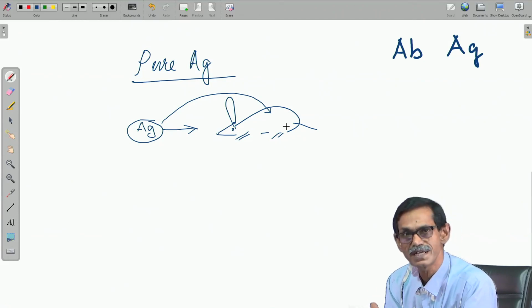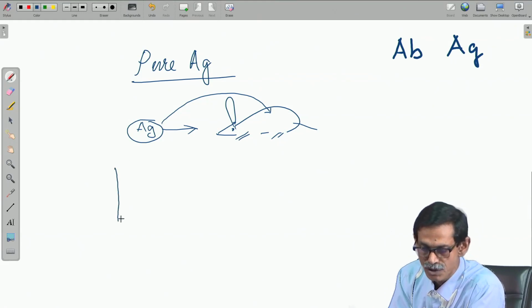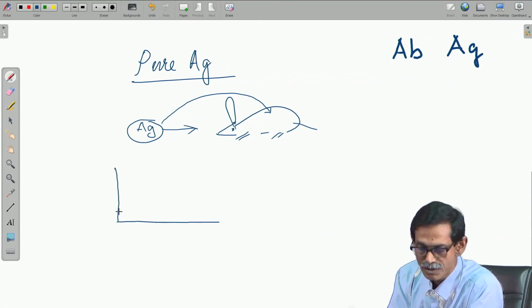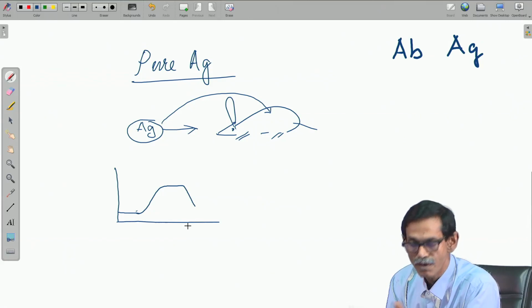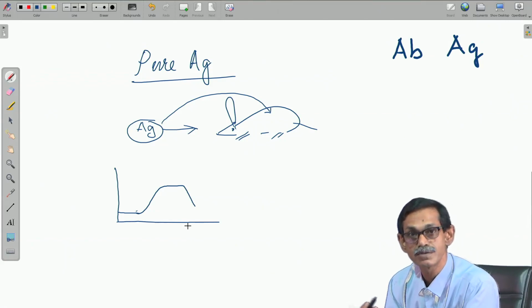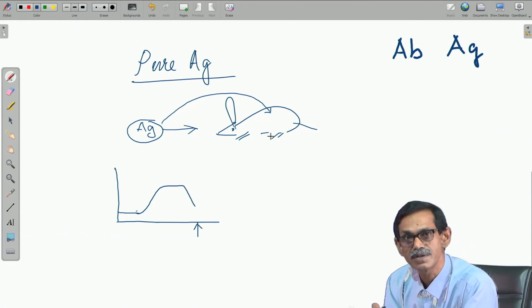If you inject the antigen, what will happen? I am sure you remember this graph. Initially for a few days you will not see anything, then it will increase, then come down. Then, to raise more and good quality antibody, we will inject again in the same animal.